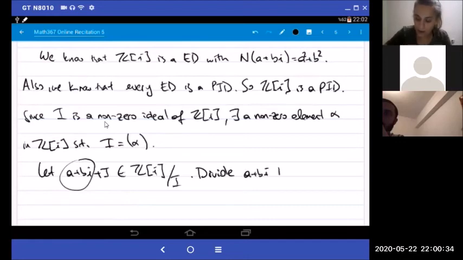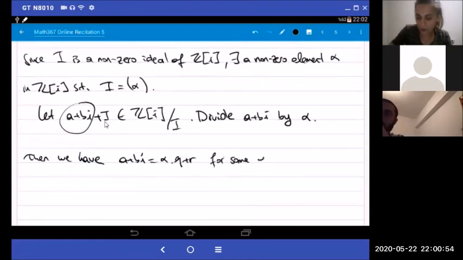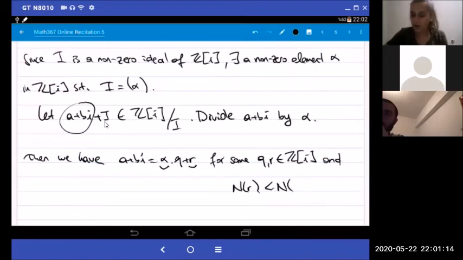Then we have a plus bi equals alpha times q plus r for some q, r from Z[i], and we know that the norm of the remainder should be strictly less than the norm of the divisor. Norm of r is less than N of alpha, where norm means the image of this Euclidean function.